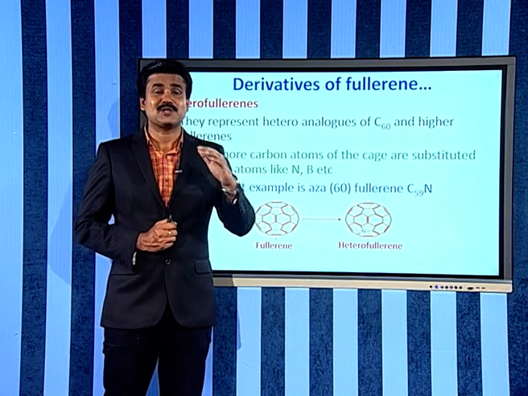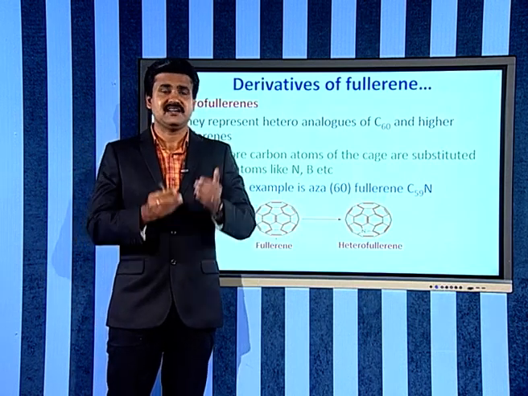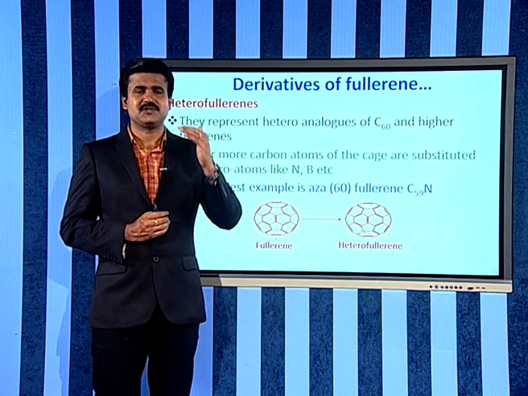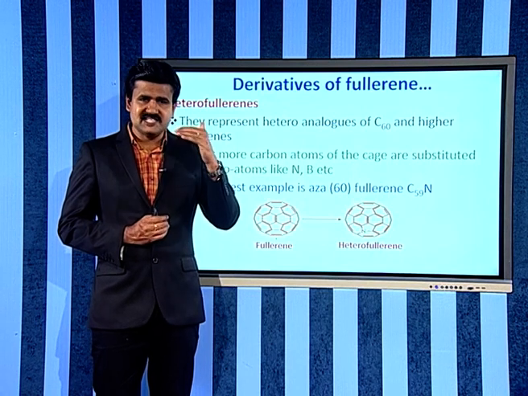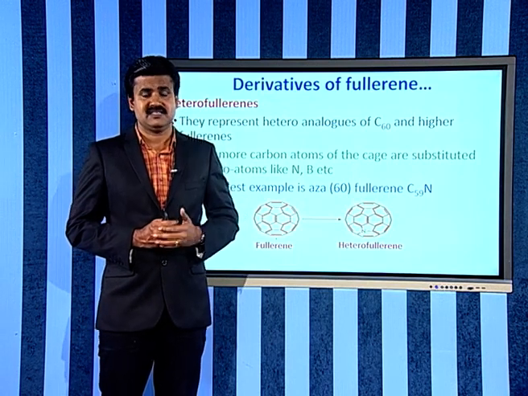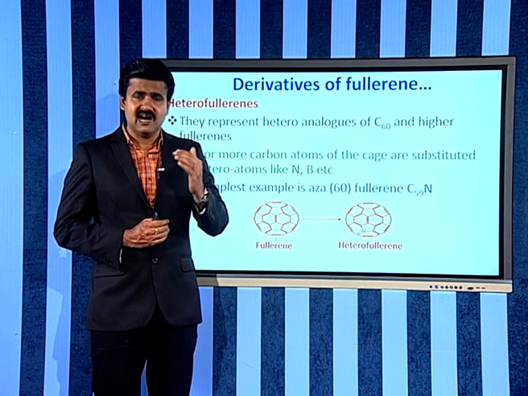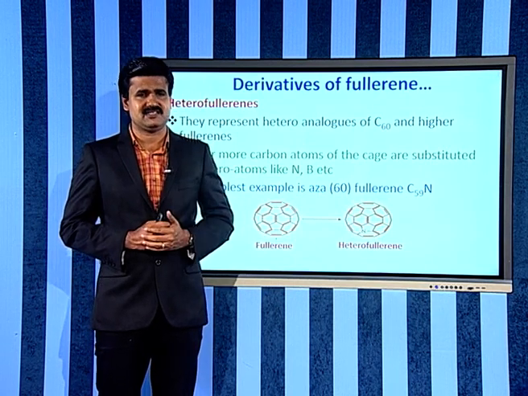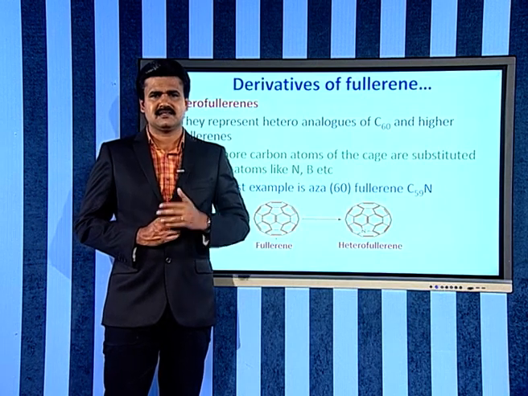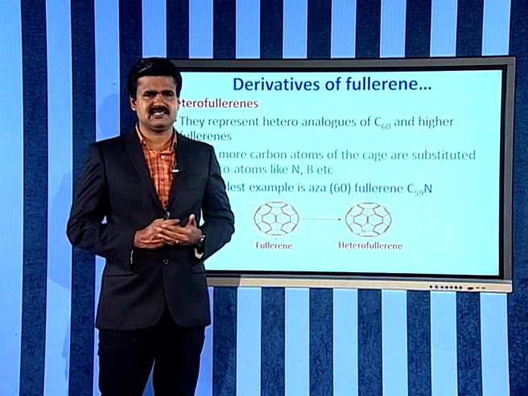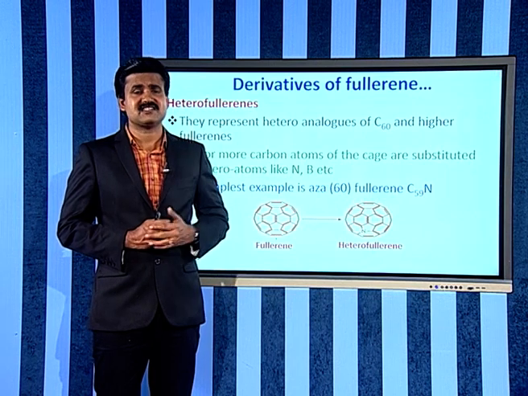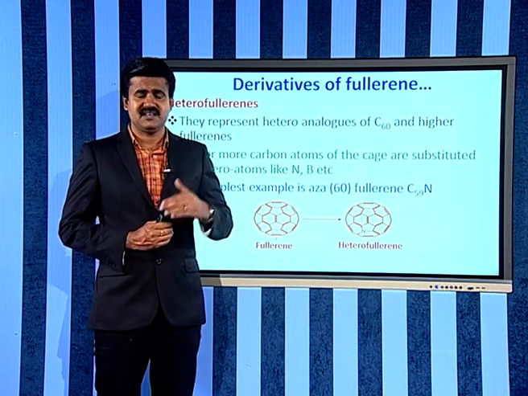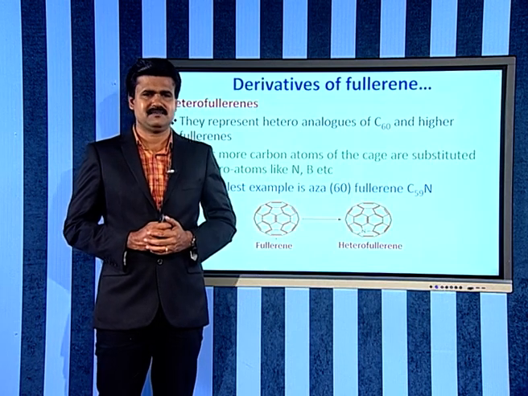Hence, pyridine is a heterocyclic compound. And now we are discussing heterofullerene. Heterofullerene means atoms other than carbon, that is heteroatoms, are also present as a part of the fullerene structure. The atoms that can be present as part of the cage structure are heteroatoms like nitrogen, boron, etc.